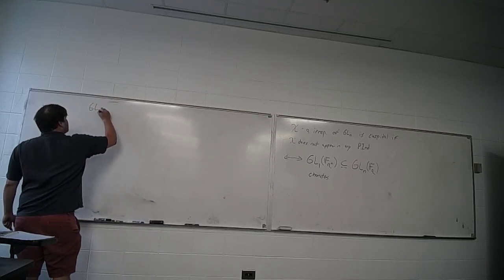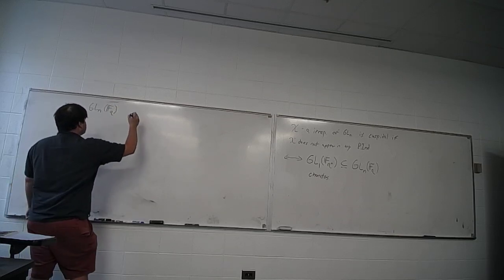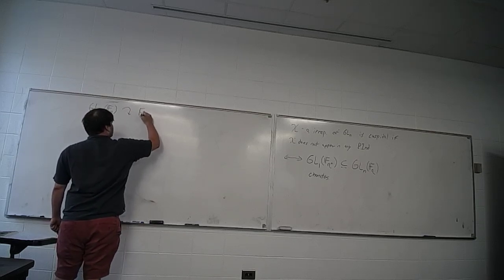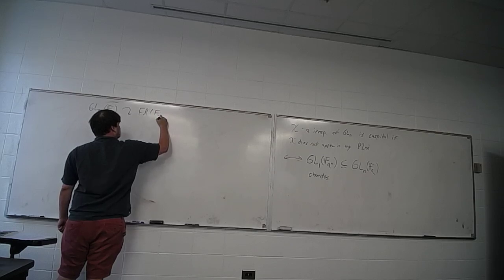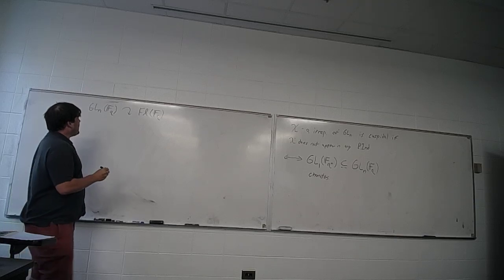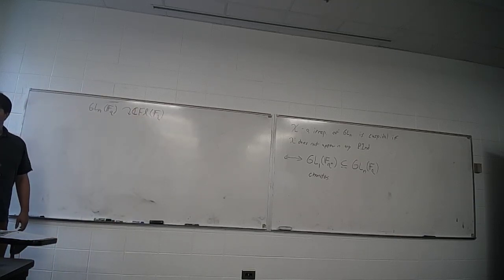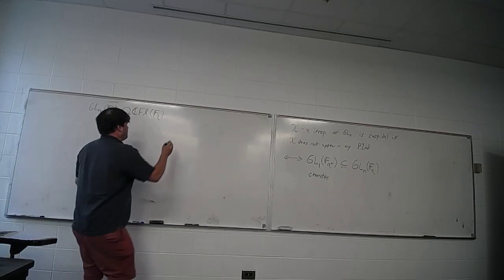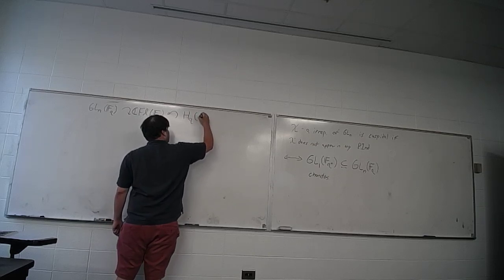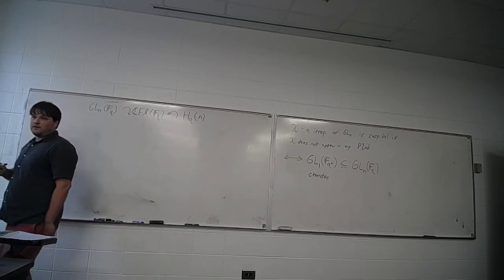So GLN of Fq is going to act on the flag variety over Fq, the full flags over Fq. And then it'll act on, let's say, the linearization of that. The endomorphism algebra of this is the Hecke algebra at q.